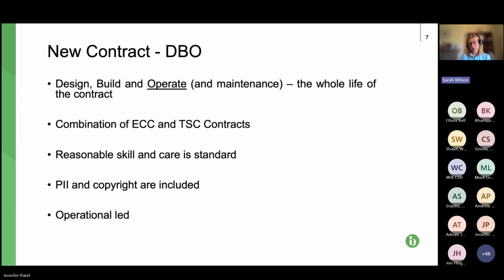So my logic is, from a contractor subcontractor perspective, if it is a standard clause here, then logically it should be a standard clause in the ECC if there is a design element. And if you're familiar with the ECC, it's an optional clause, X15.